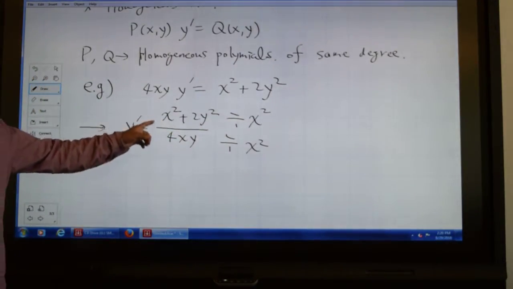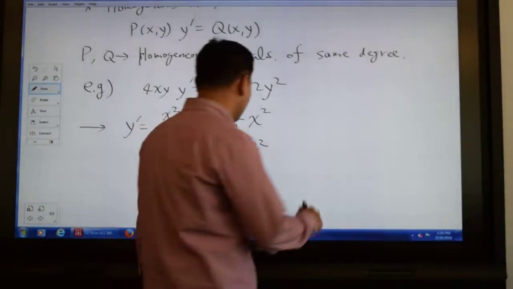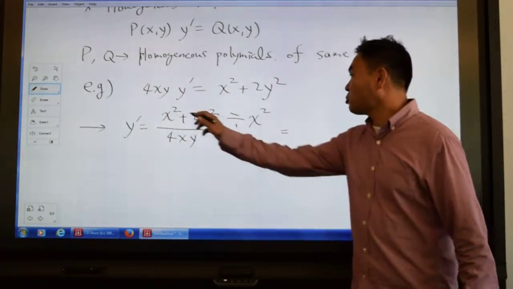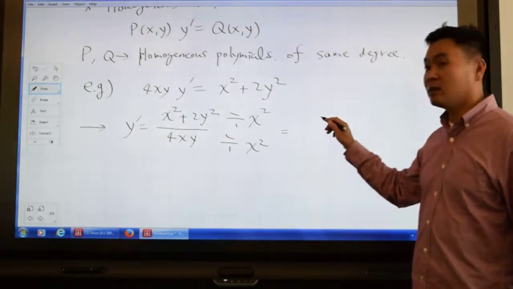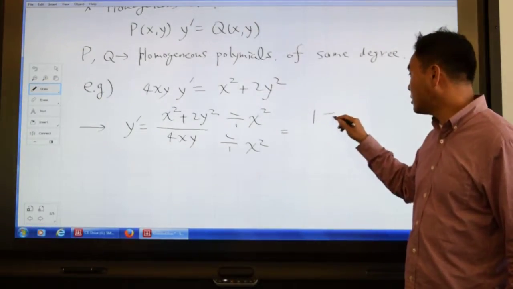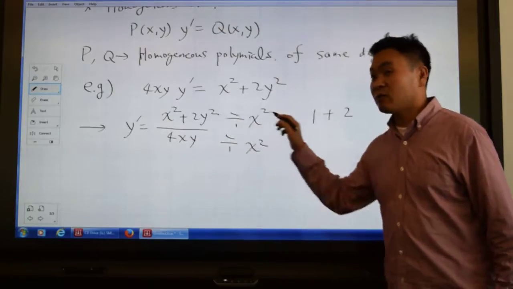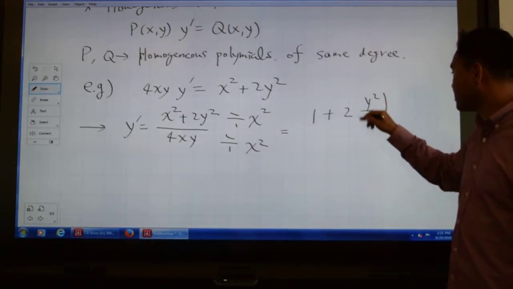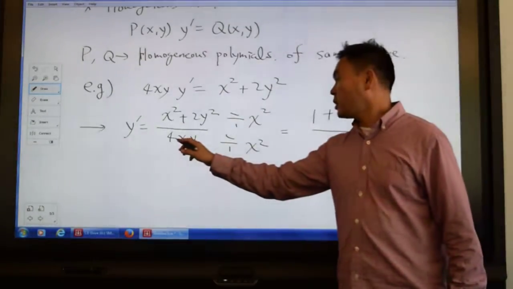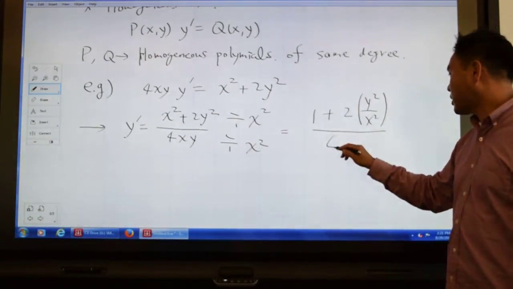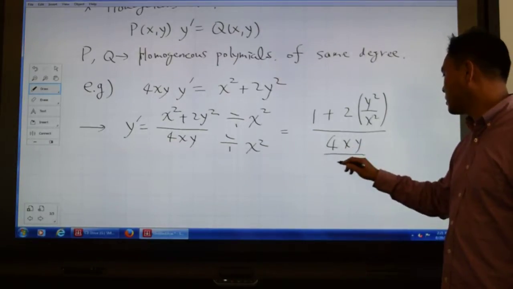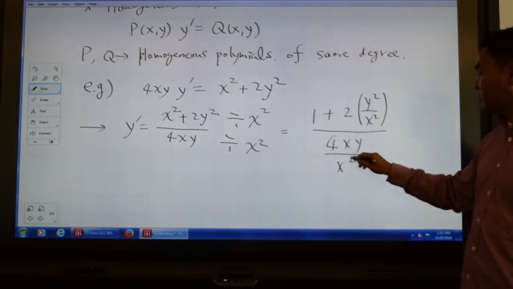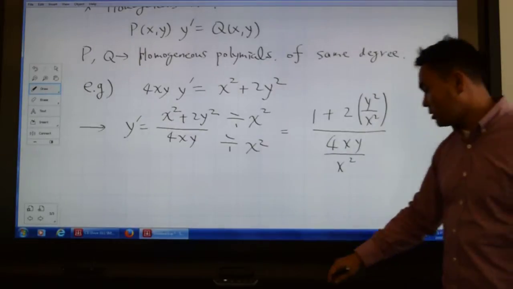Then the right side transforms in the following way. X squared divided by x squared is 1. Y squared divided by x squared, that's y squared over x squared. And 4xy over x squared, well, one of the x's will cancel, right?